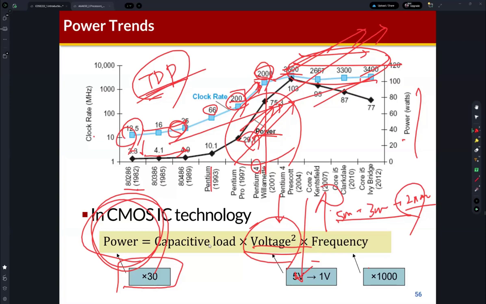If we reduce the supply voltage, then power is also reduced, or the cost can be reduced. And if we increase the frequency, then we can increase the performance. So if we use a smaller transistor, we can increase the performance. It's a very good thing. That's why semiconductor technology is so critical. It's very critical actually.